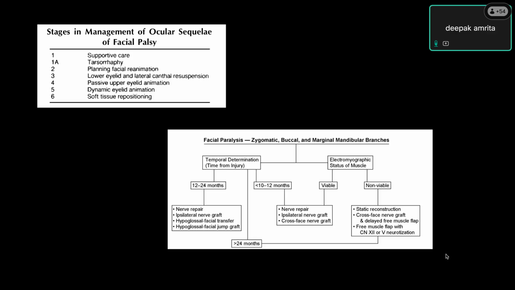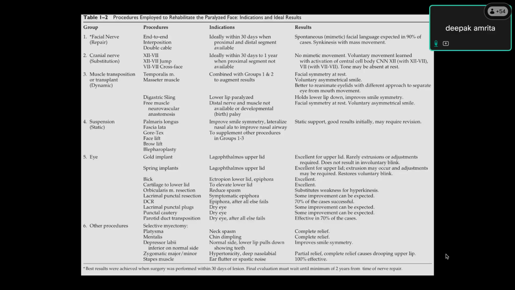If it is less than a year, you can follow the same principles of nerve graft. But this is if you know the electromyographic status of the muscle and it's viable, you can do all of these things. But if it's non-viable, you straight away start doing a free functioning muscle transfer.